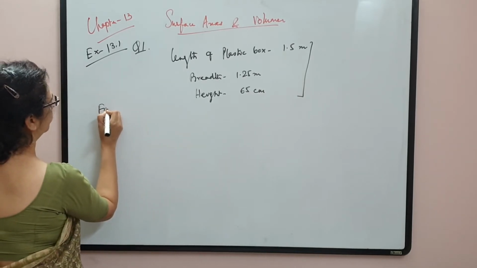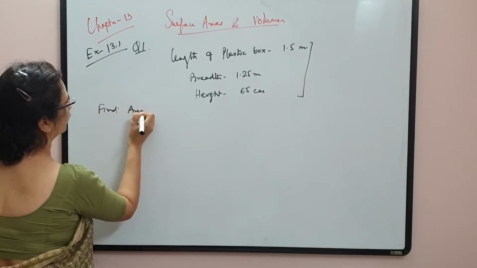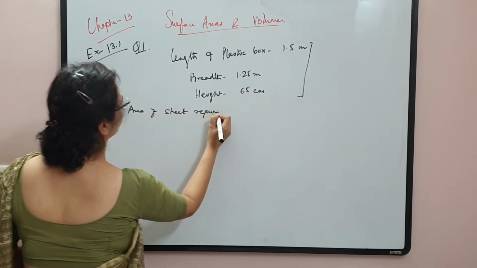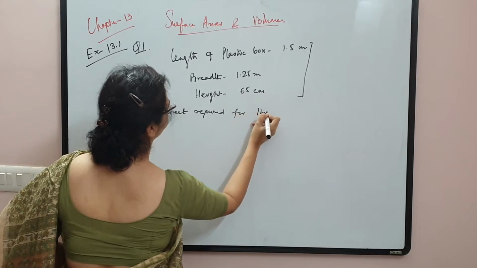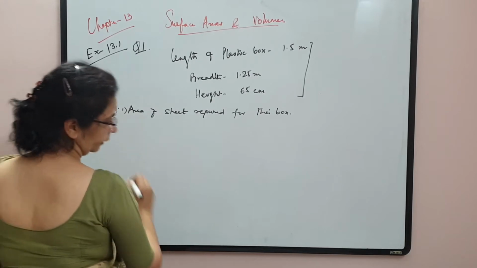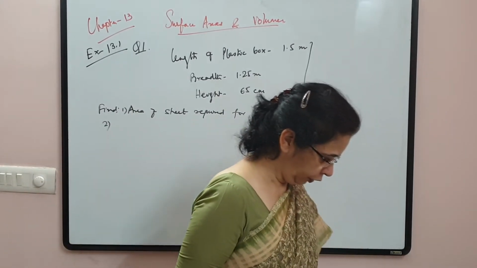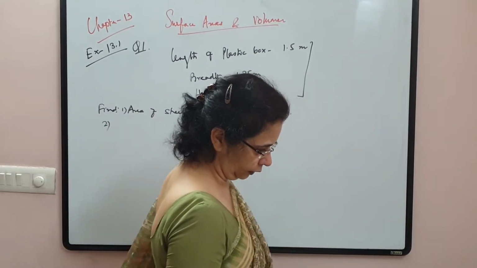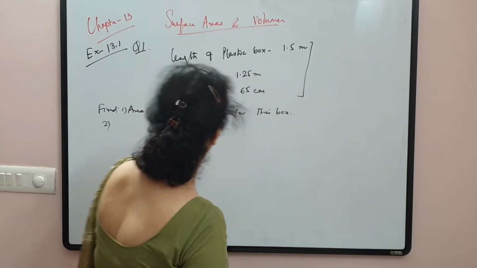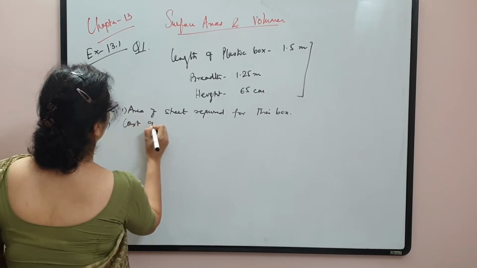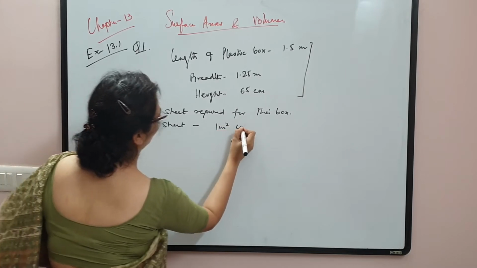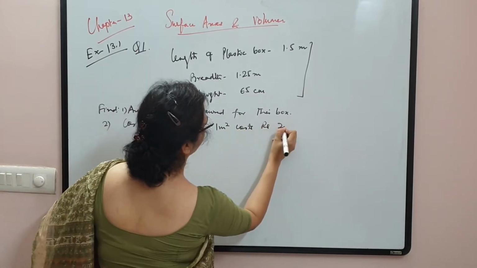You have to find the area of sheet required to make this box, and the second thing you have to find is the cost of sheet, if 1 meter square costs rupees 20. Okay.